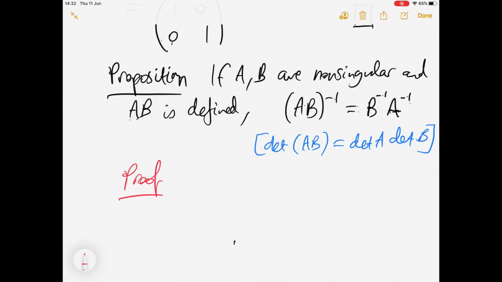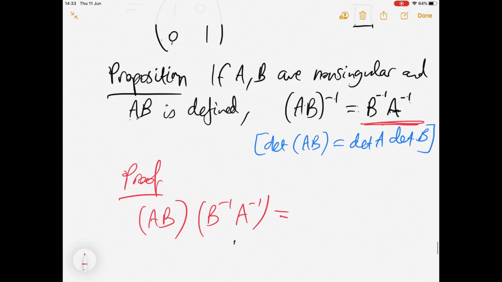Since A and B are non-singular, A inverse and B inverse exist. We want to show the inverse of AB is given by B inverse A inverse. So let's check. Let's do AB times this and see if we get the identity, and then we'll do the same thing the other way around.